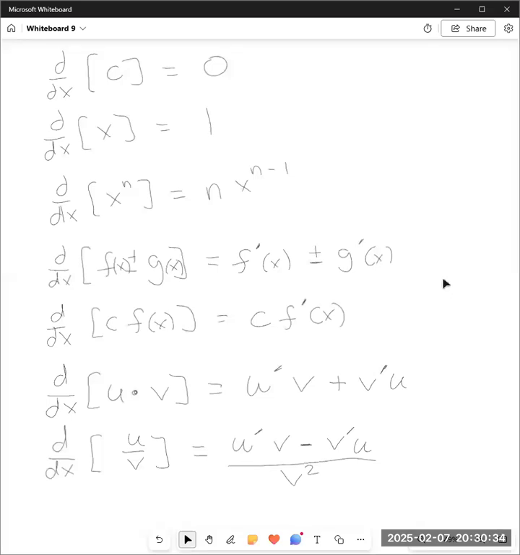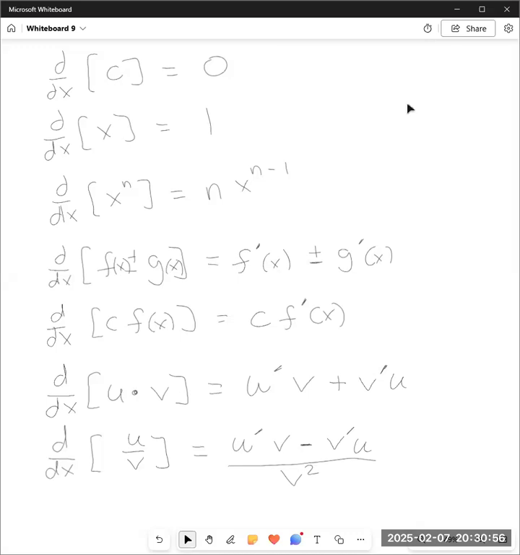Let's go ahead and start our mixed practice here for basic differentiation rules on number 31 in the textbook. Your instructions just tell you to find the derivative of the function, and state which differentiation rule or rules you used.